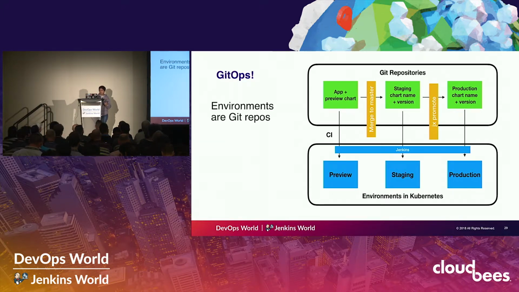Right now we have defined the preview, the staging, and the production. Think of it like you have the same charts in the code base, you're just configuring them differently. When it's okay for preview, you merge to master. It goes to staging automatically using pull requests. You approve your pull request. We are not saying it's one end-to-end headless run from left to right, because that would be a violation of segregation of duties.